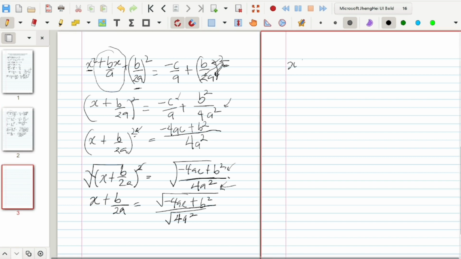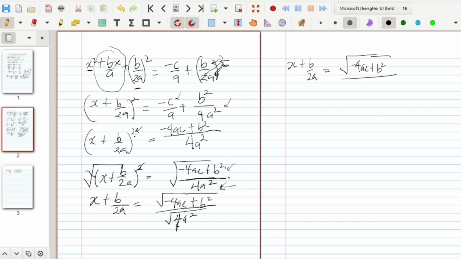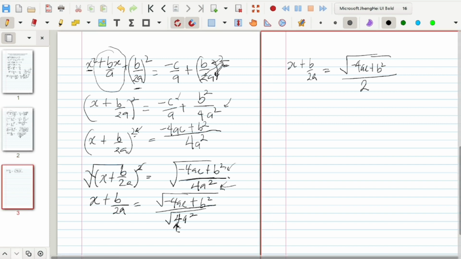So x plus b over 2a is equal to the square root of minus 4ac plus b squared over the square root of 4a squared. The square root of 4 is 2 and the square root of a squared is a.